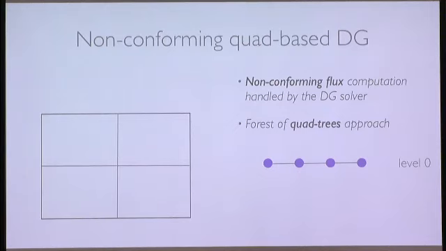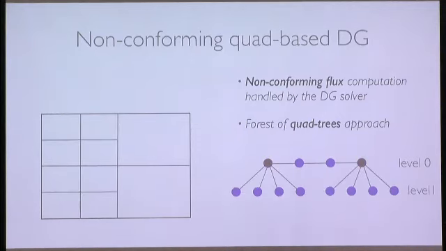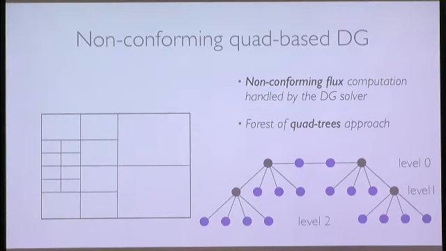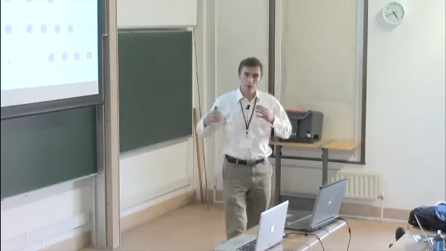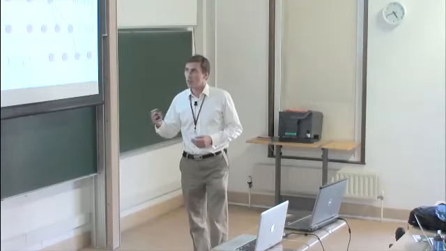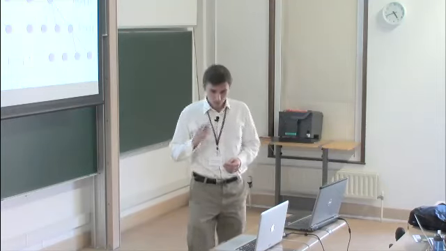Each of those elements will be a root of a tree, which will develop within those elements. So if we decide to refine those 2 large elements into 4 small ones, our tree would look like this, and we can go further and further, and we can use this tree structure to efficiently implement this algorithm into the code.